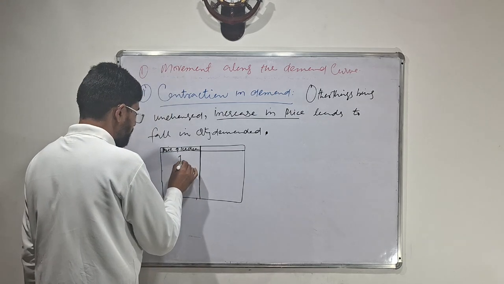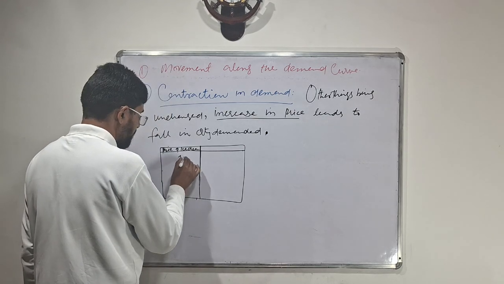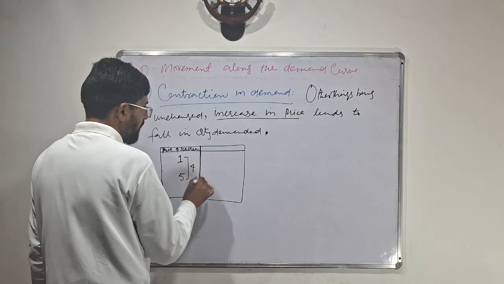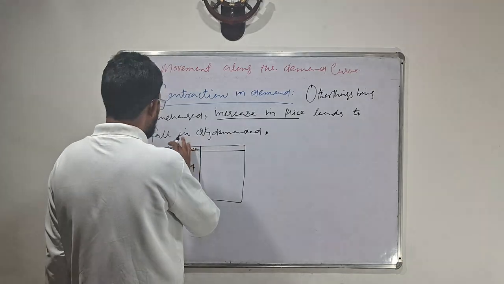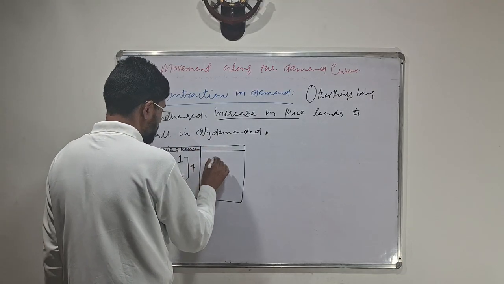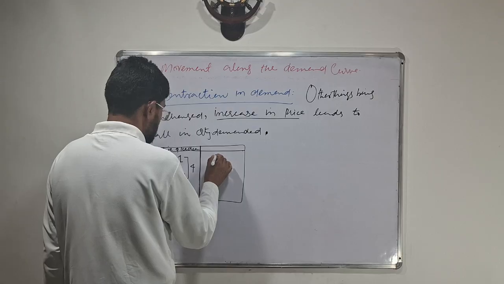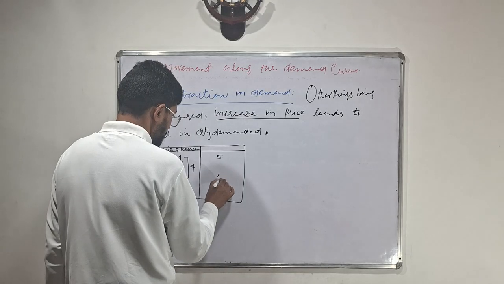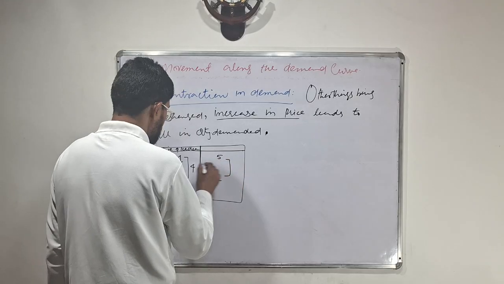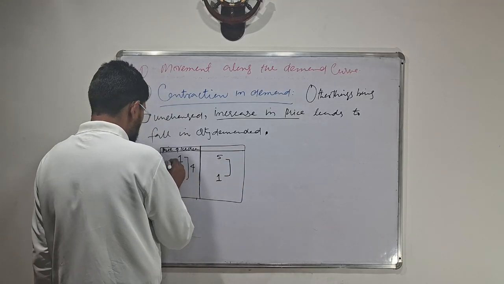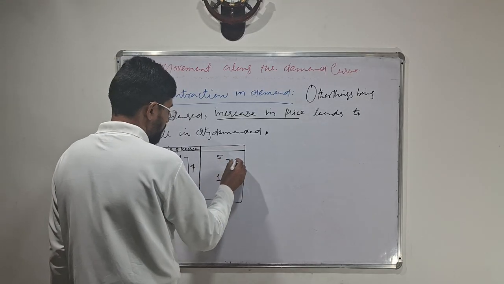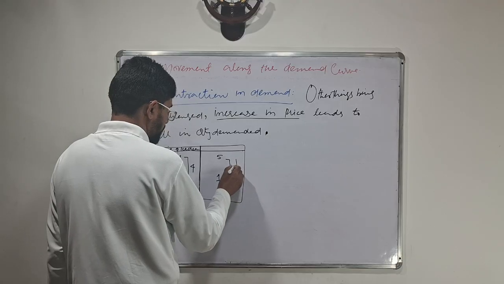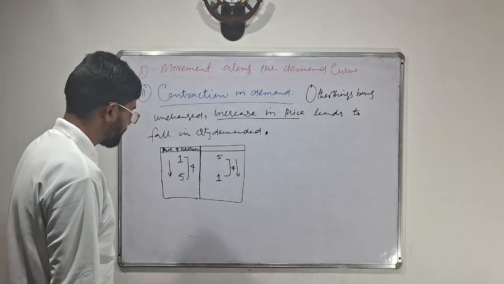Price increases from 1 to 5, means a 4 unit increase in price, leads to a fall in quantity demanded. This shows us an increase in price leads to a 4 unit fall in quantity demanded.